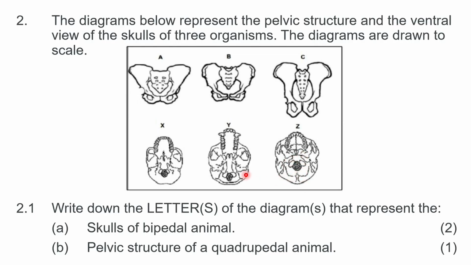Whereas in organism Y, we can see that opening is more to the back. So that tells me that organism X and organism Z will most probably be bipedal, and organism Y will be quadrupedal.